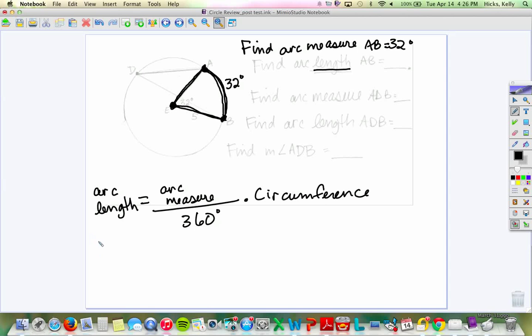All right, so in this case, let's find the arc length of AB. We're going to say that equals the arc measure of AB, which we just figured out is 32 degrees, divided by 360 degrees, times our circumference, which is 2 pi times the radius. What is the radius of this circle? It's 5. So that is going to give you, let me get my calculator out.